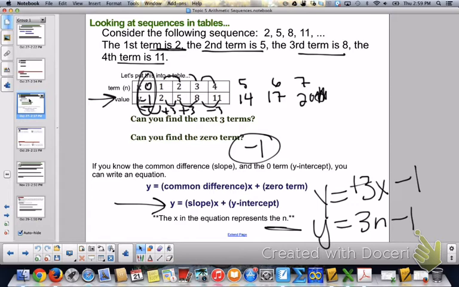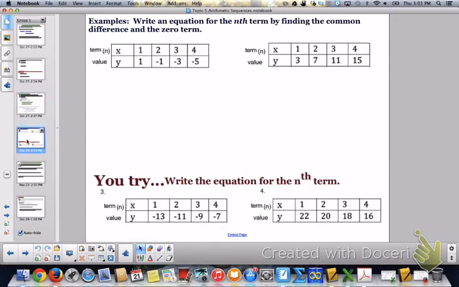So let's do a couple more examples. Here we go, right here. Terms 1, 2, 3, and 4. So 1 to negative 1, we go down 2, down 2, down 2. So that's our common difference. If we find the 0 term, if we go back, what minus 2 gives us 1? That would be 3. So I have y equals negative 2x plus 3, because that's my y-intercept.